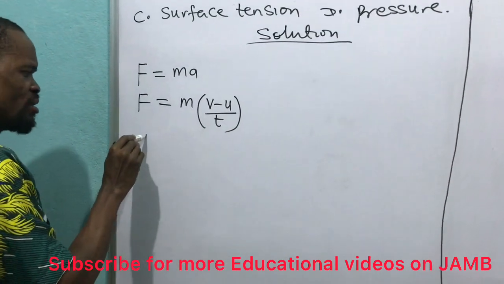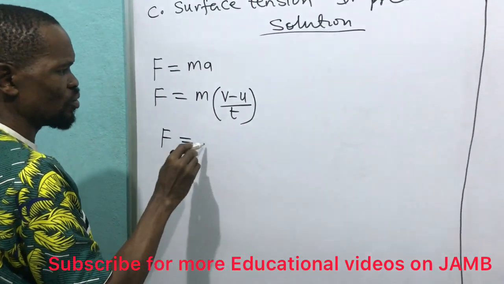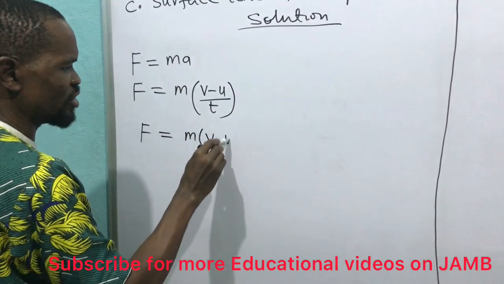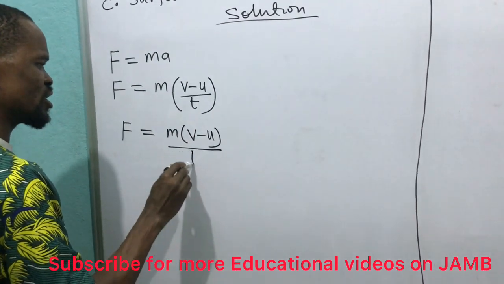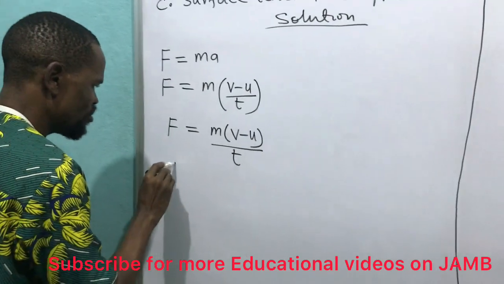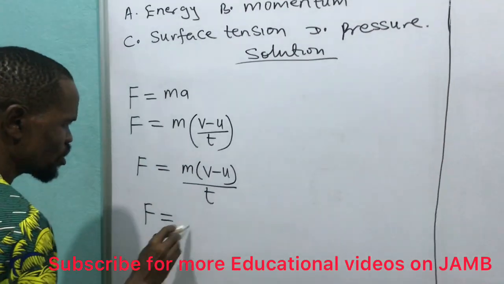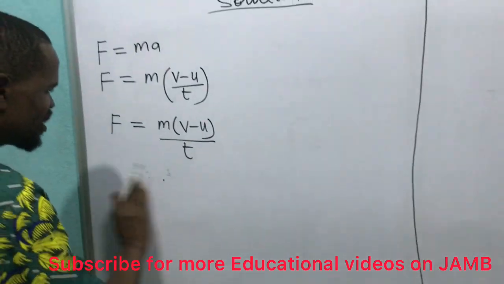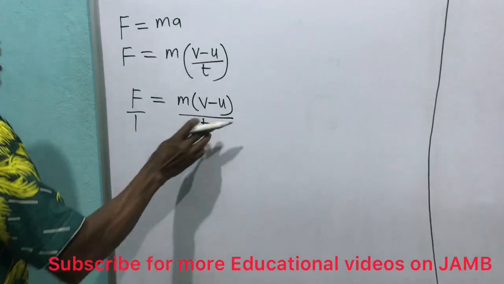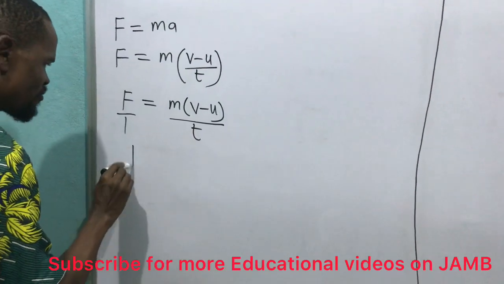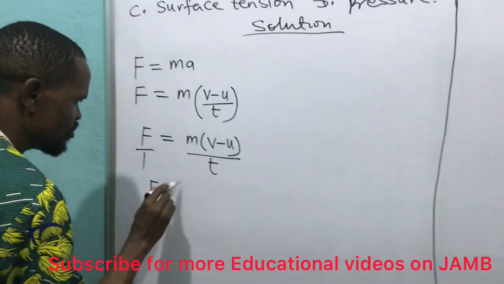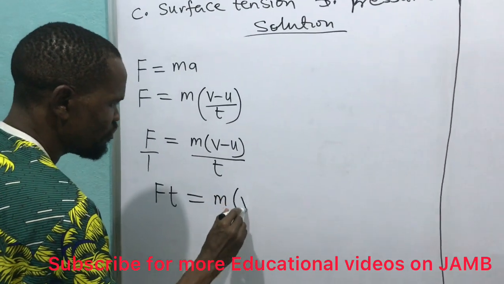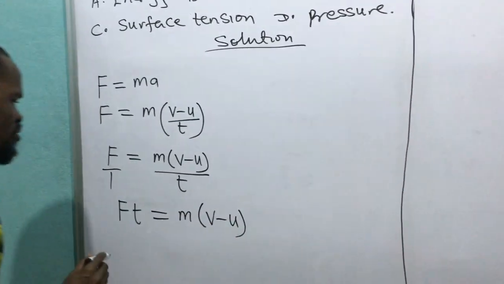And this will give me force is equal to mass into change in velocity over time. Cross multiplication, I have force times T equals to mass into V minus U, which is change in velocity.